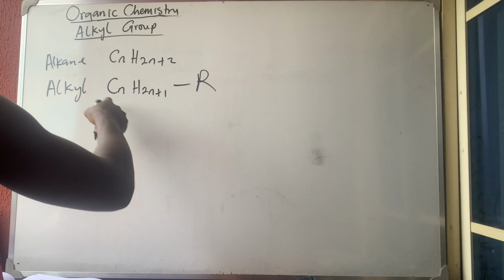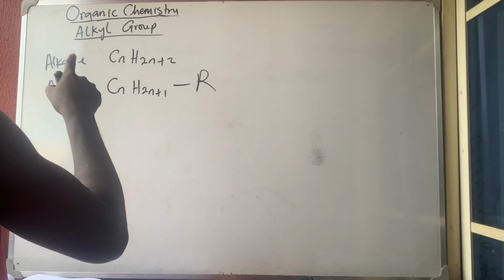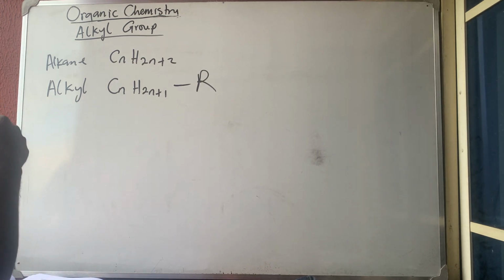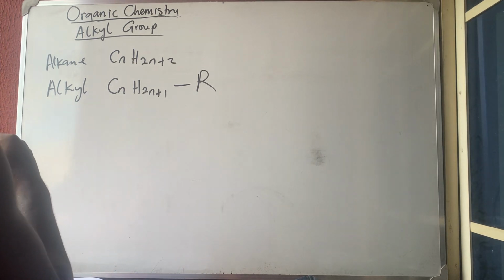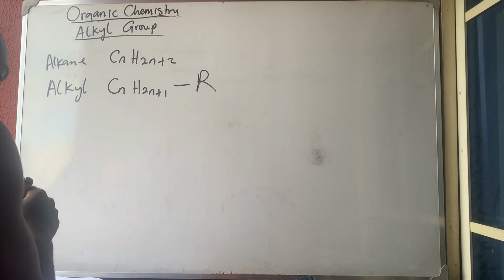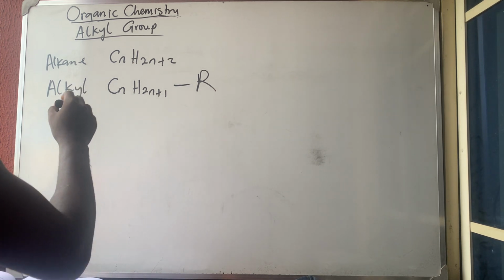Anytime you don't want to write this formula, or you know that you are talking about an alkyl, you can just represent it with R. Okay, so let us write the alkyl groups for just five members of the alkane.